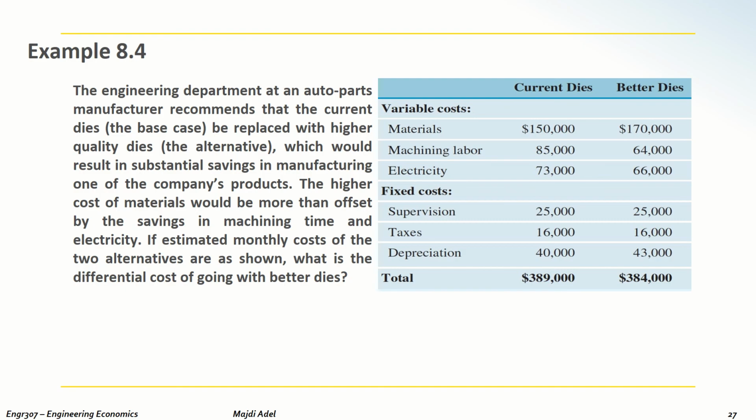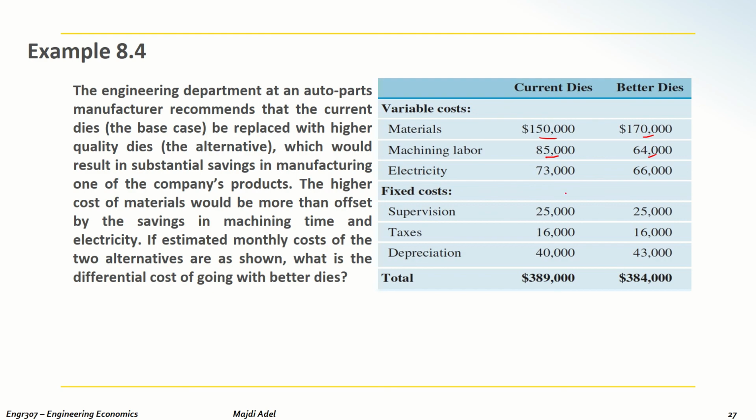And the table summarizes the cost for both options. Now, the cost of material for the current dyes is $150,000. For the better dyes, it will cost more, $170,000. Labor, $85,000. For the better dyes, they will need less labor because they will reach the required color level with less labor.